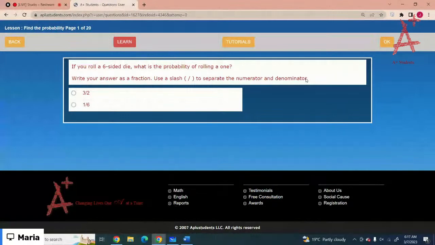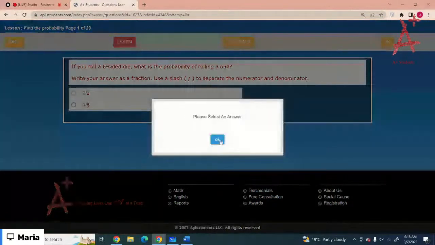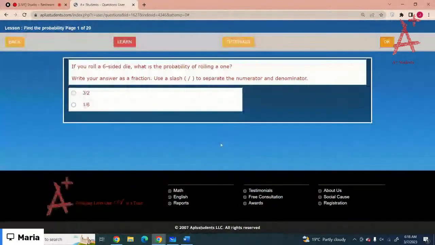The total outcomes are 6, and out of the total outcomes, the favorable outcome 1 is just 1. It is 1 over 6. Got it? Not 3 over 2, 1 over 6 it is.